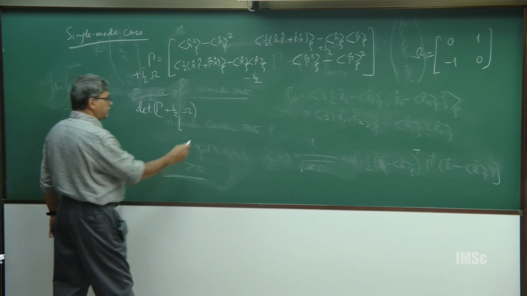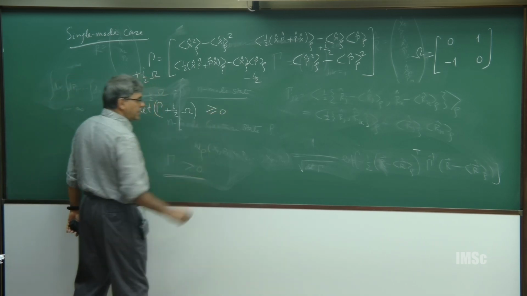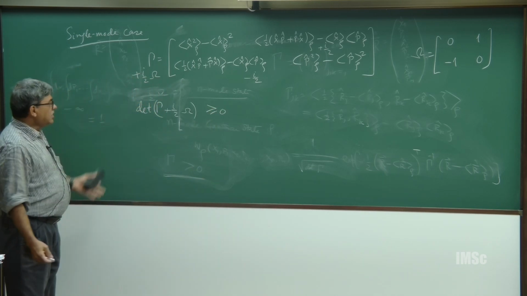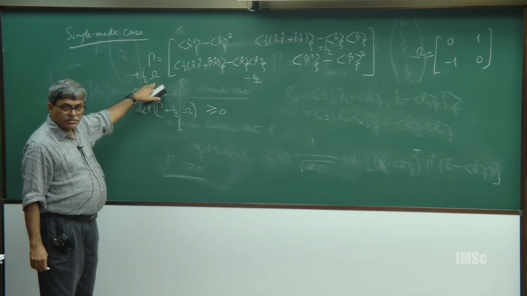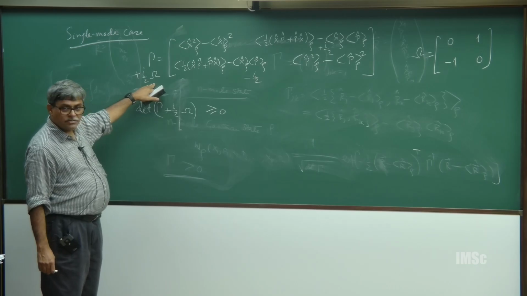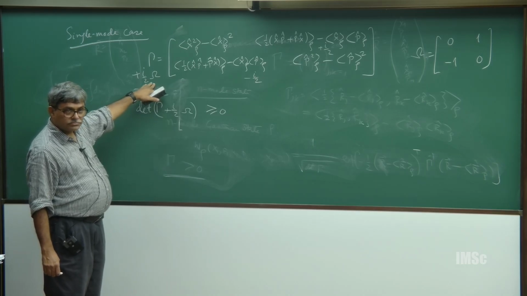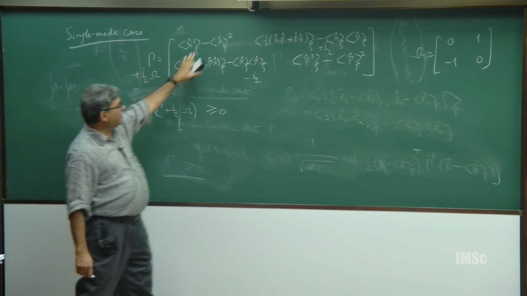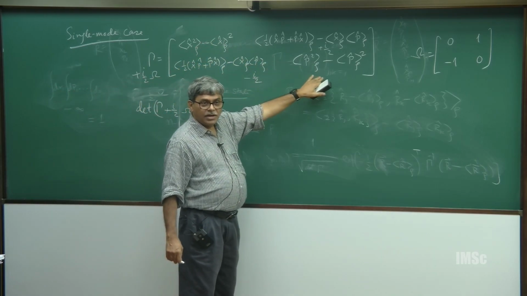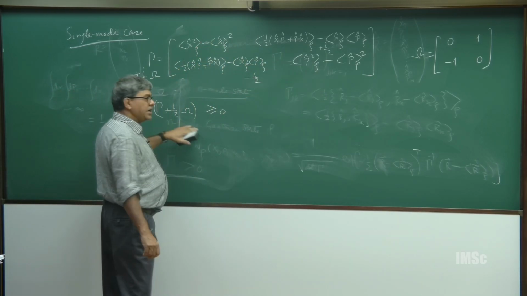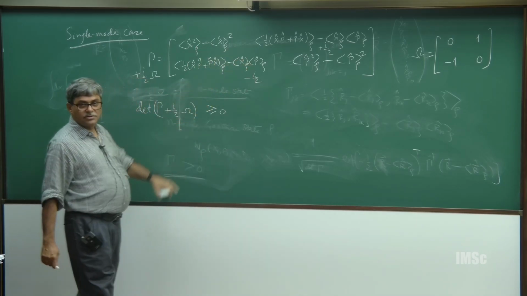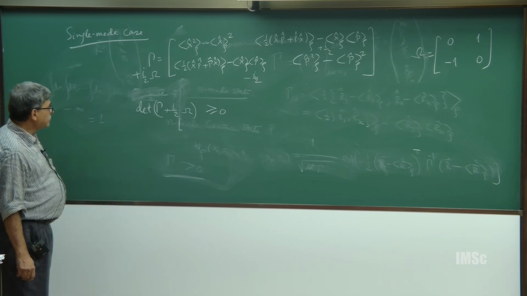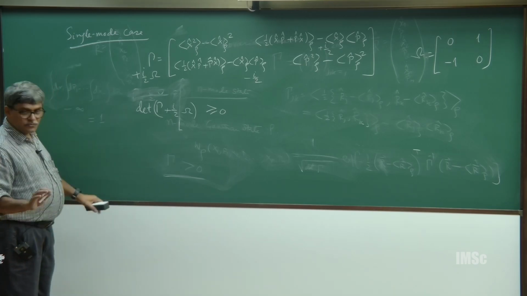If I can prove that this is greater than or equal to 0, then this tells me that this is positive semi definite. Because the trace is non negative and the determinant is non negative, the matrix has to be positive semi definite. It is only true for 2 by 2.